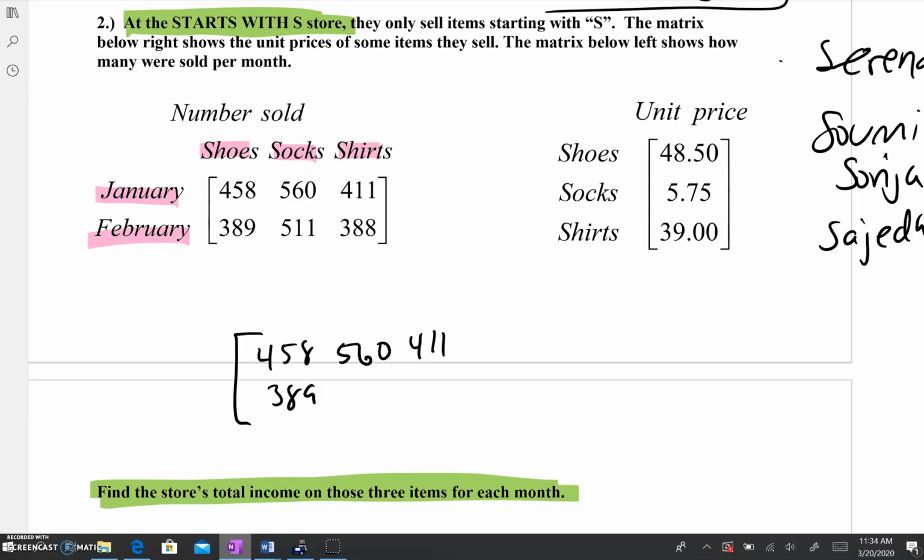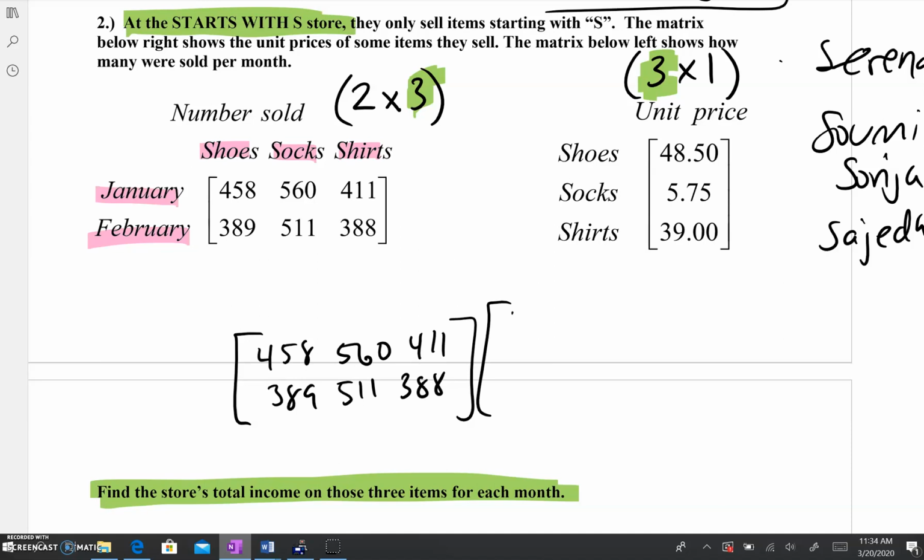So I'm writing down the number sold, right? Now I'm thinking about my multiplication rules. This one is 2 rows by 3 columns. The second one is 3 rows by 1 column. So if I want to multiply, remember how the middle numbers have to match up? So I have to do the first one, number sold, times the matrix that involves my price information.